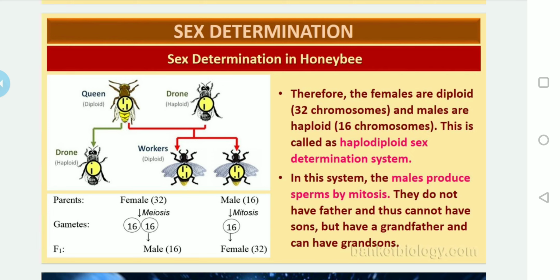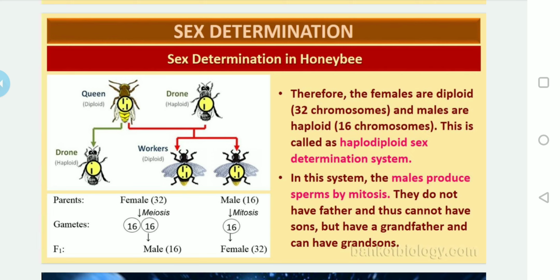See here you can identify the females are diploid, 32 chromosomes, that is 2n, and males are haploid, 16 chromosomes. So this is called the haplodiploid sex determination system.